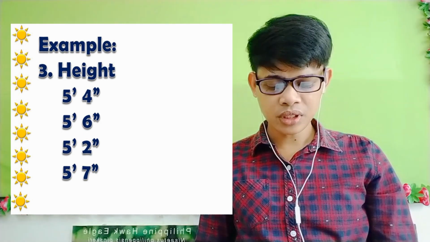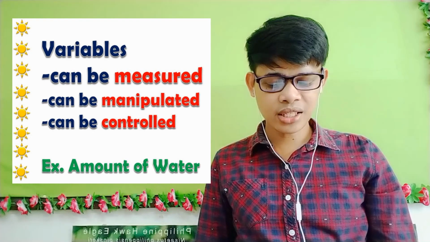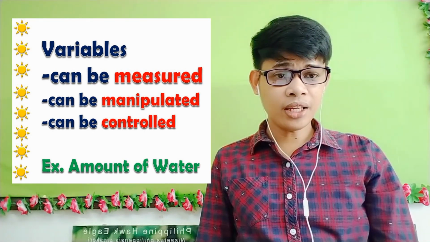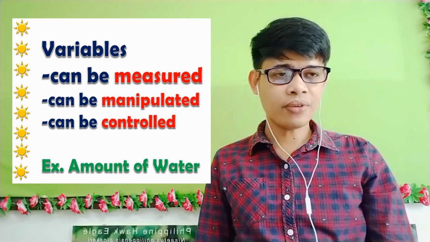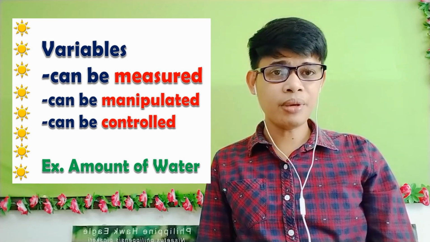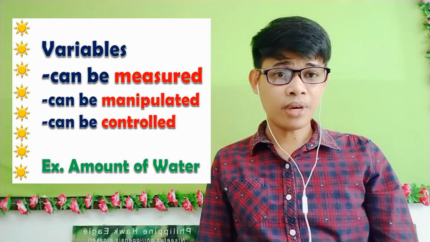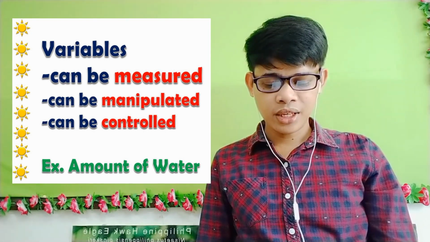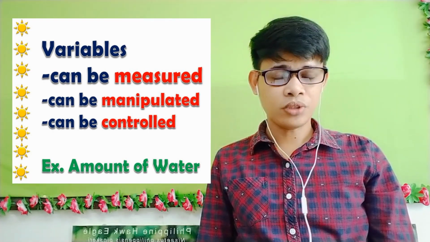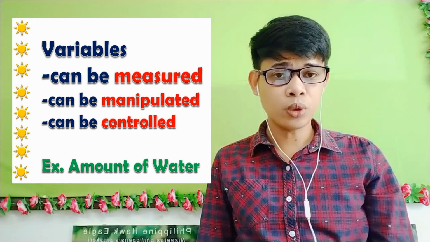Okay, so we go next to the next concept about variables. In research, it is a variable if it can be measured, it can be manipulated, or it can be controlled. So we have your example, amount of water.